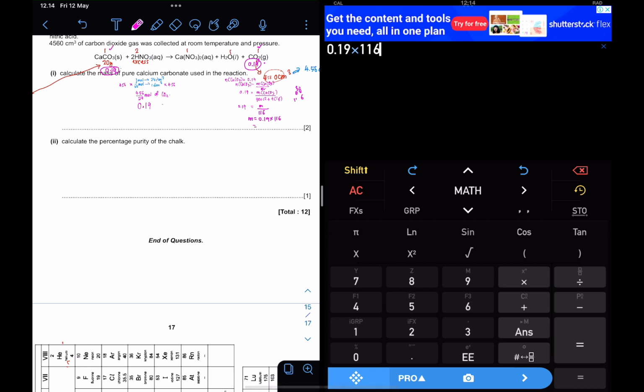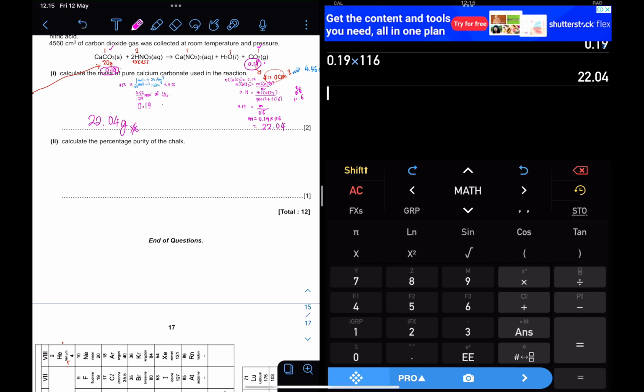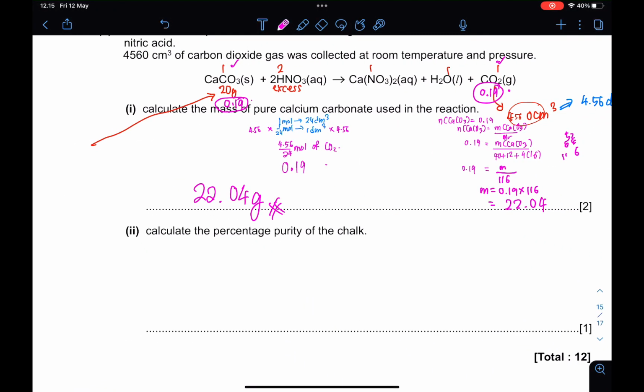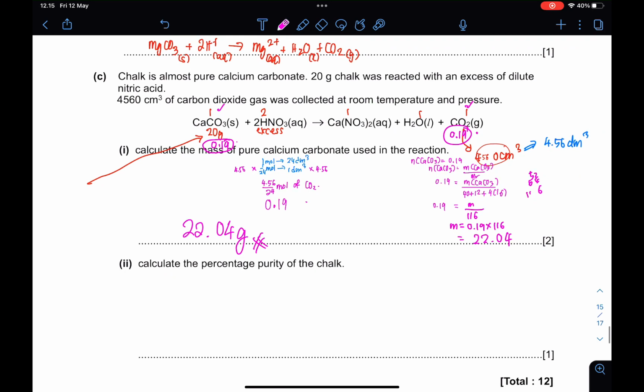Let's calculate this: 0.19 times 116 is 22.04. So the answer is 22.04 gram.